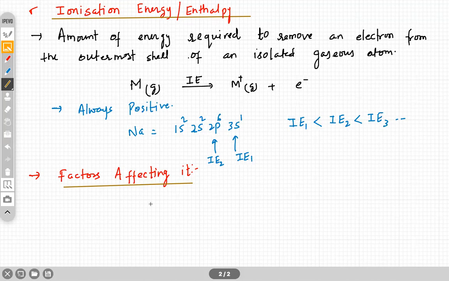So size is a factor, effective nuclear charge is a factor. More effective nuclear charge, more will be the attraction pull towards the nucleus, and more energy will be required. Right? Shielding or screening effect also is a factor here. So write down the factors affecting it.